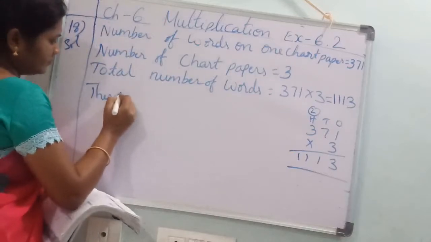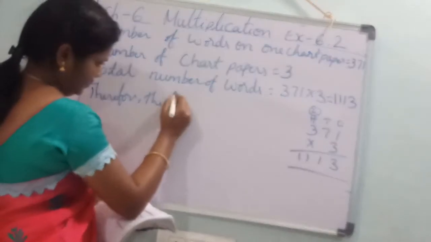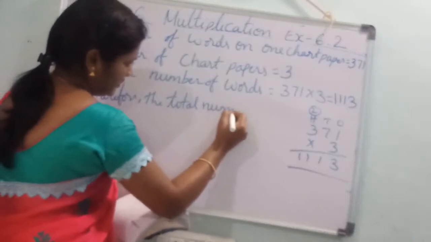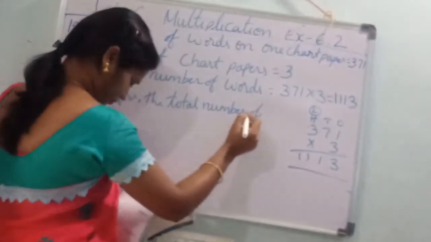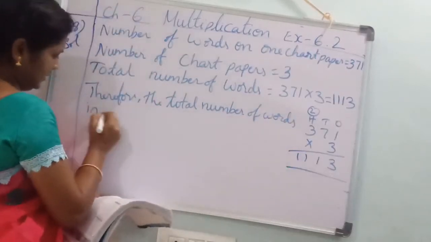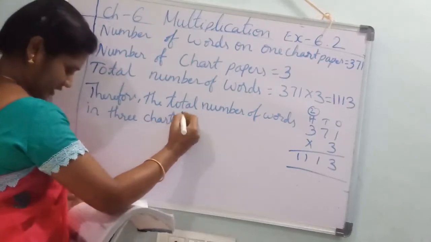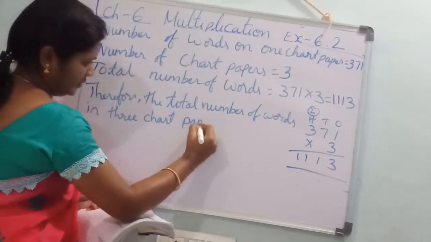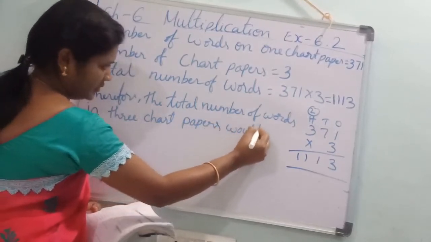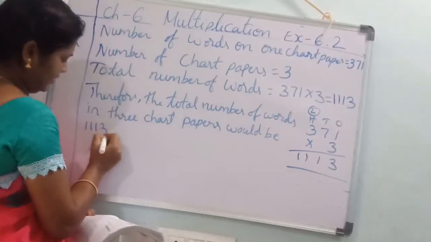Therefore, the total number of words in 3 chart papers would be 1113.